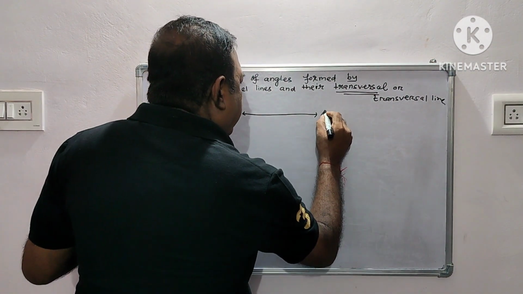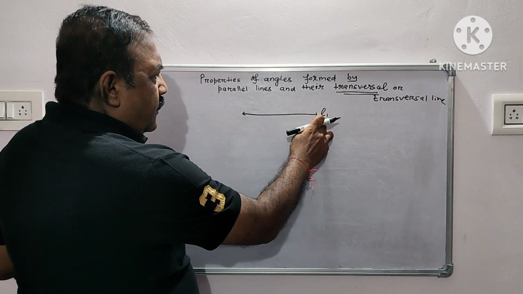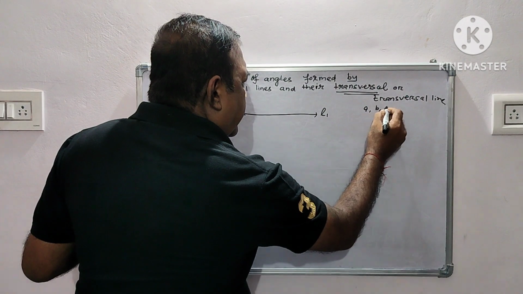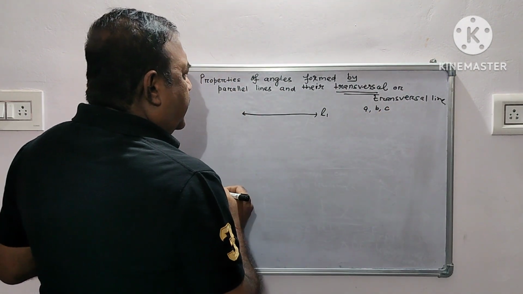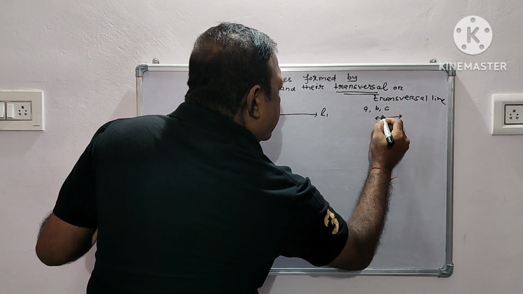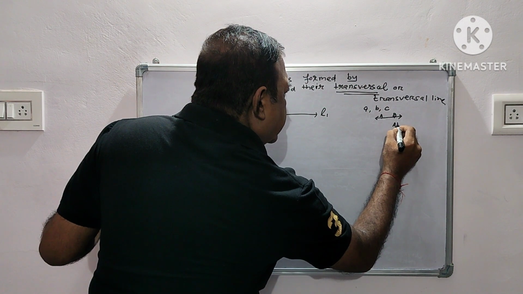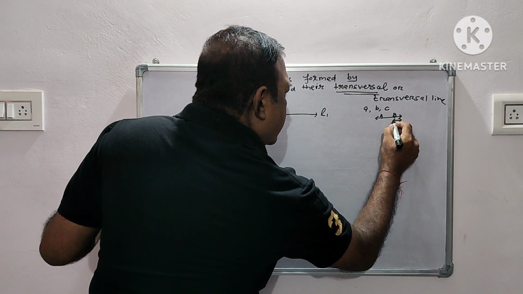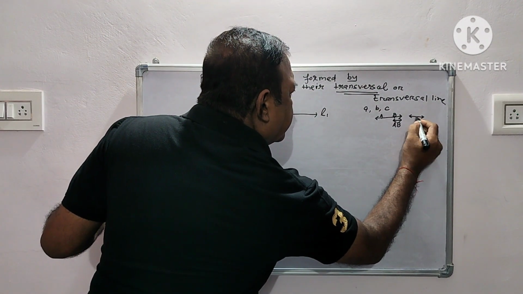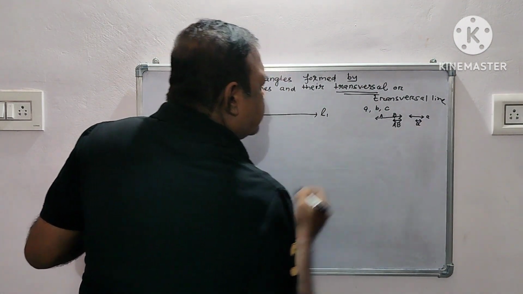Either you suppose L1, or you use a small letter like a, b, c, or you may mark 2 points and represent it like this, or like this.